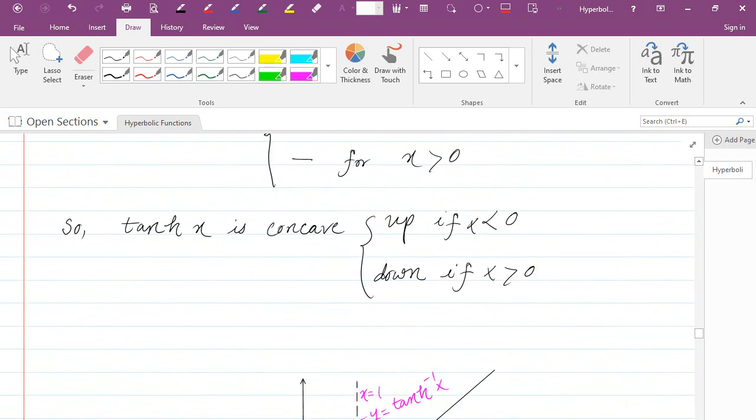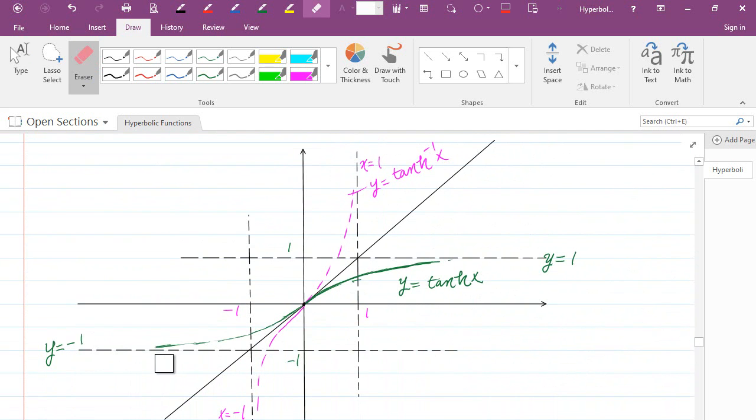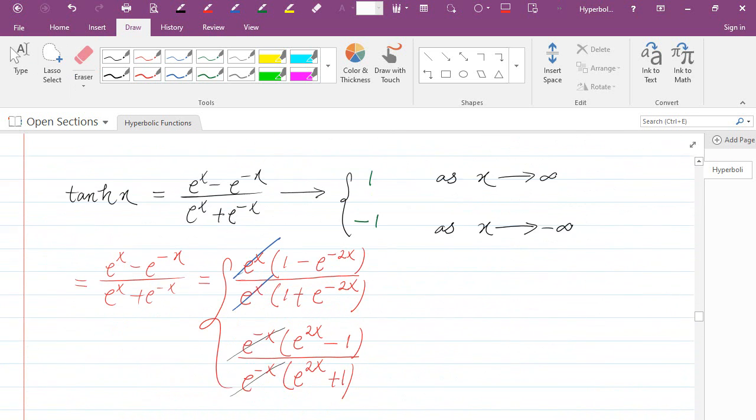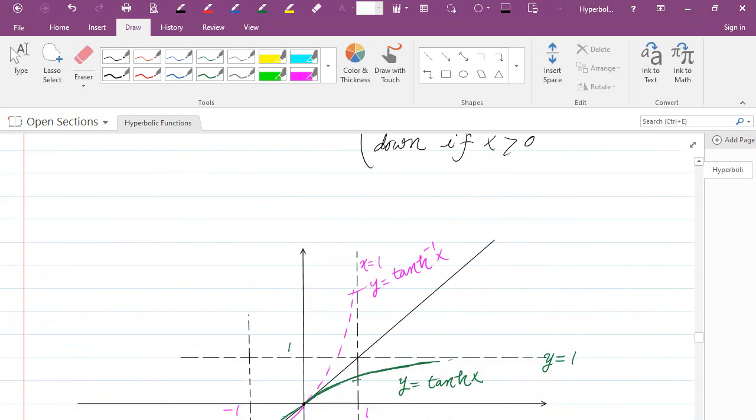So putting together all this information, we know the graph of the hyperbolic tangent of x is increasing everywhere. We know that it has a horizontal asymptote at -1 because as x goes to -infinity, the limit is -1. So remember we did this. That tells me that y equals -1 is a horizontal asymptote, and the first limit tells me that y equals 1 is a horizontal asymptote.